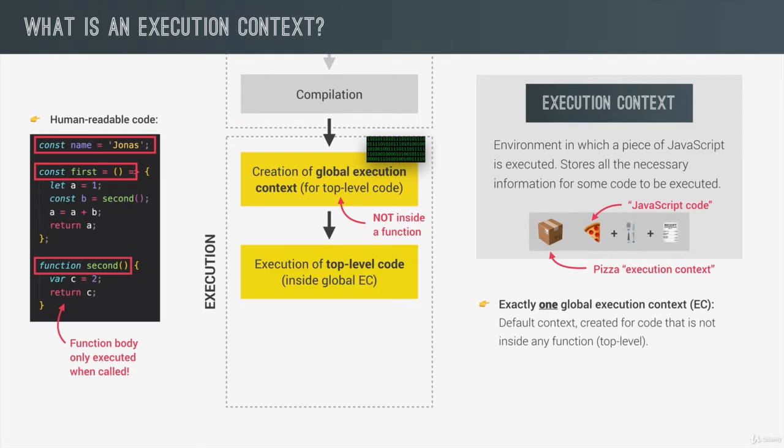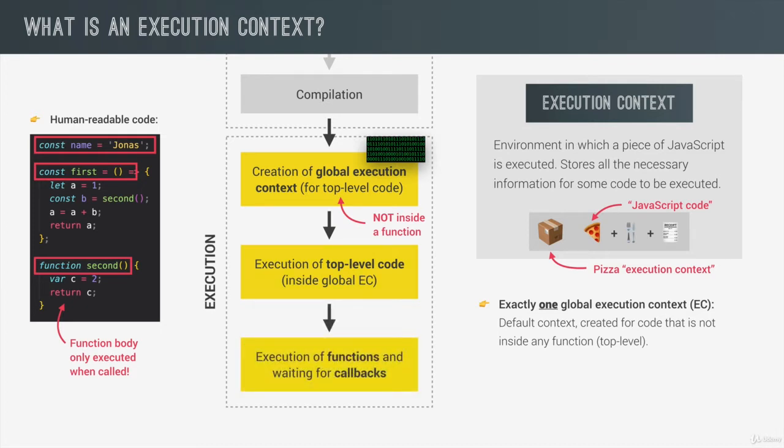And there is not a lot to say about the execution itself. It's just the computer's CPU processing the machine code that it received. Okay, and once this first code, so the top-level code, is finished, functions finally start to execute as well.